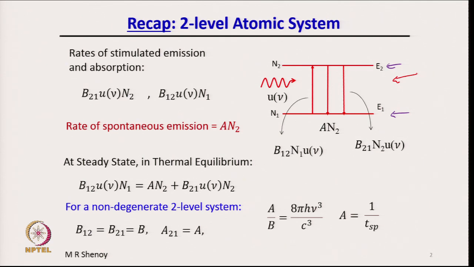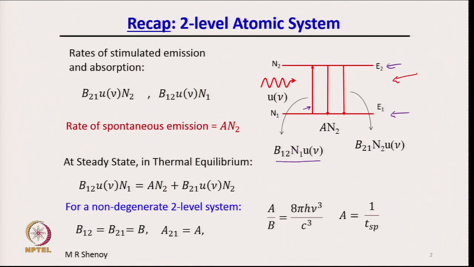And we have seen the processes of emission and absorption. This process here represents absorption, that is, an atom absorbing a photon and making an upward transition, and the rate is given by B12 into N1.